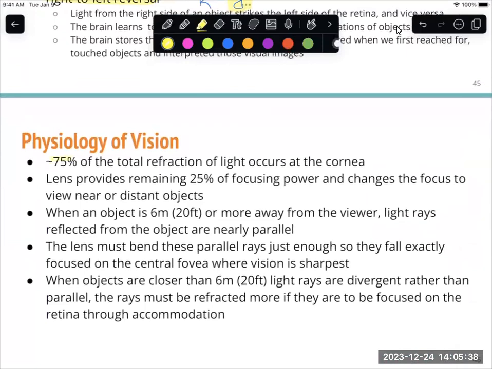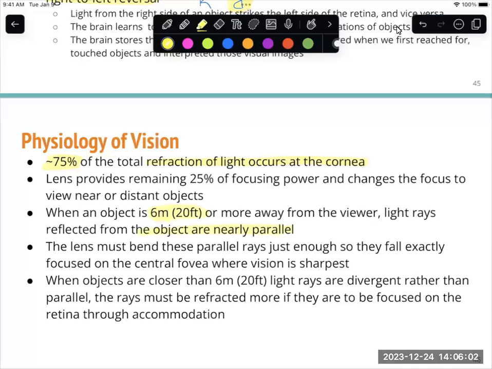Most of the light refraction happens at the cornea. Only about 25% of it happens at the lens. When something is about 20 feet away, light rays are coming in almost parallel.